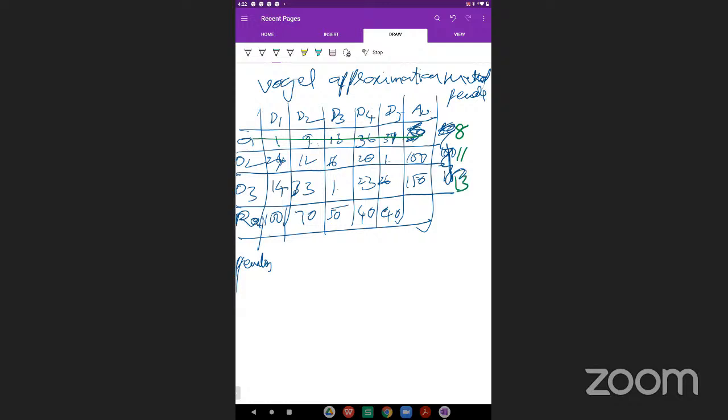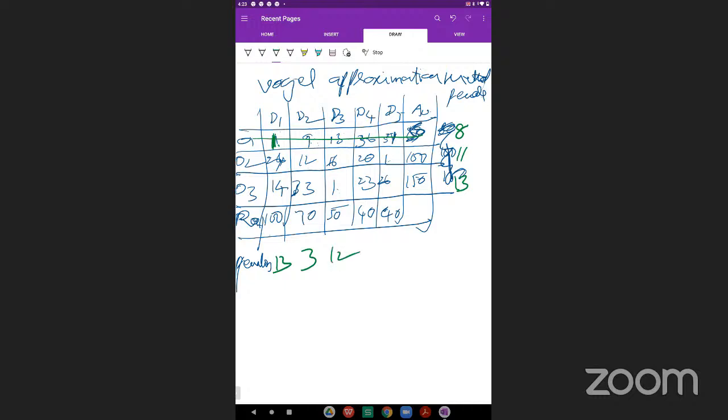Column wise also. In column D1, destination 1, the least cost is 1, next is 14, so the penalty for destination 1 is 13. Next is 9 and 12, difference 3. Next is 1 and 13, which is 12.